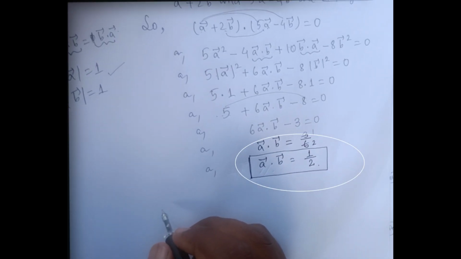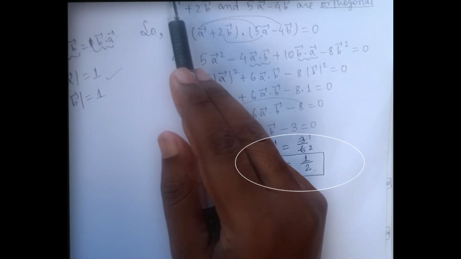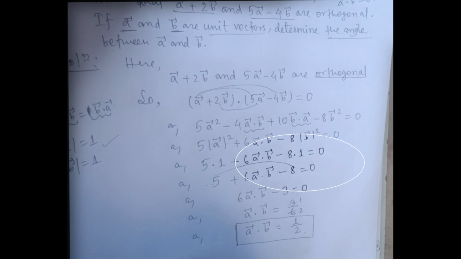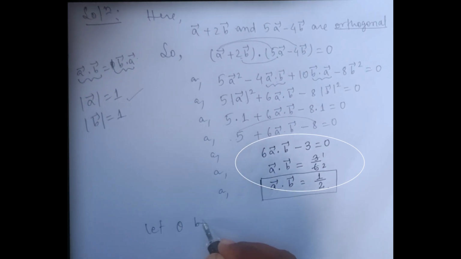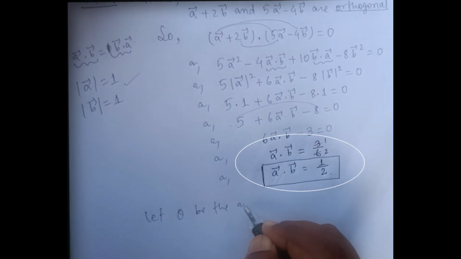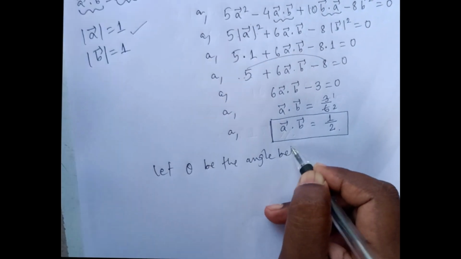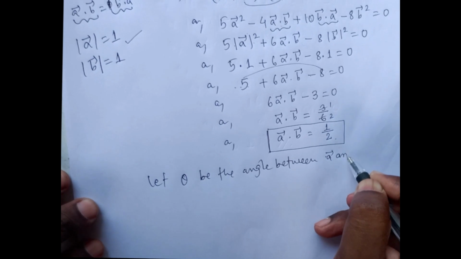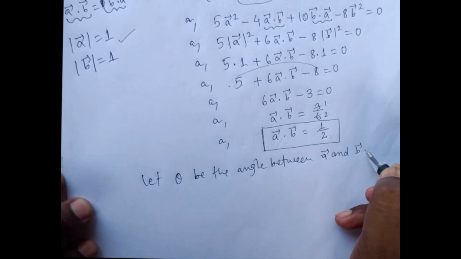Now we have to find the angle between vector a and vector b. Let θ be the angle between vector a and vector b.